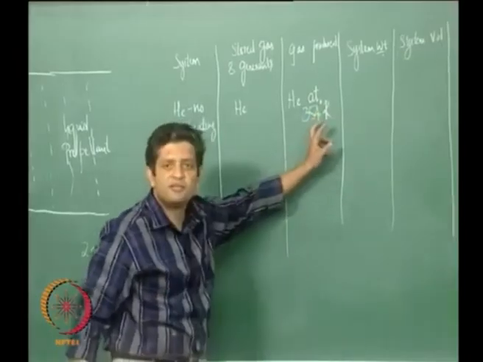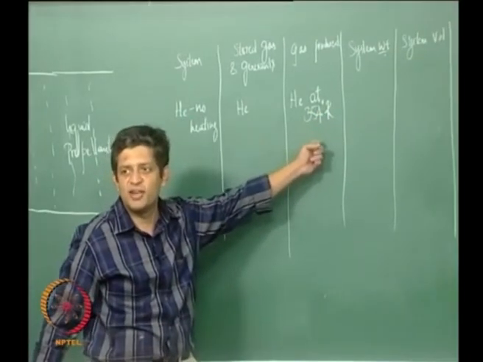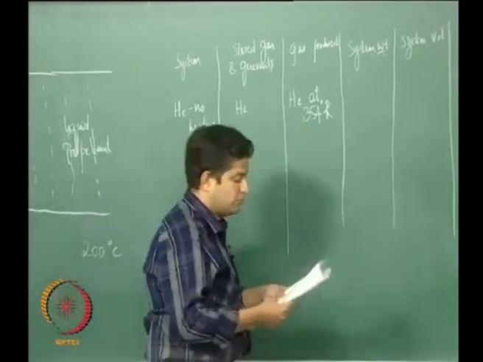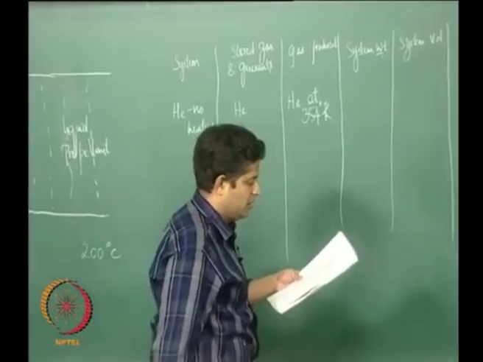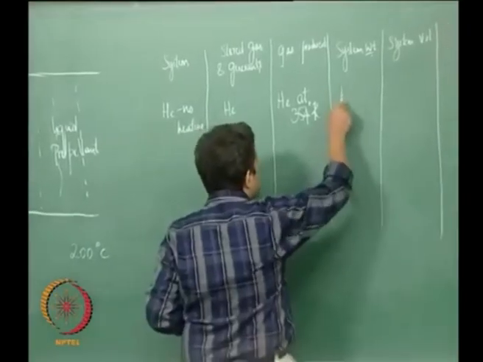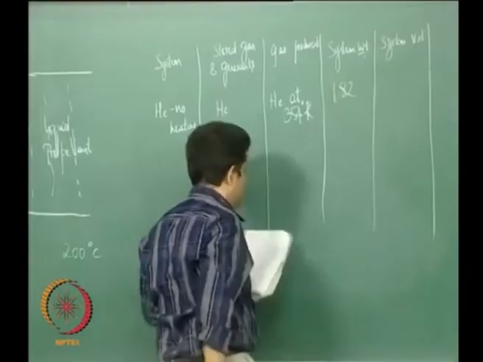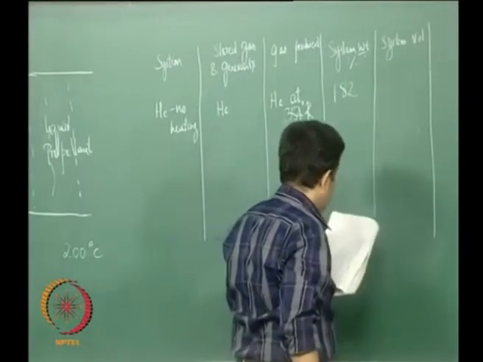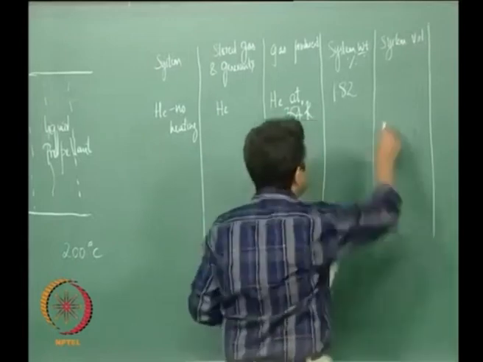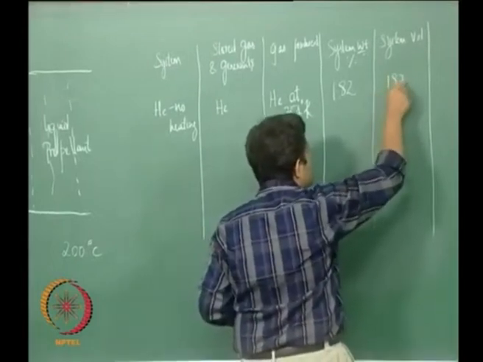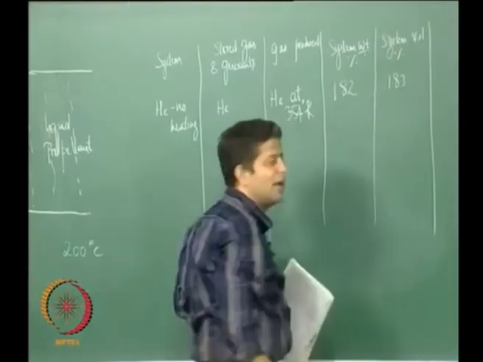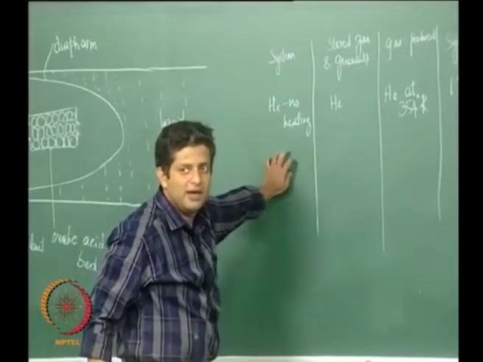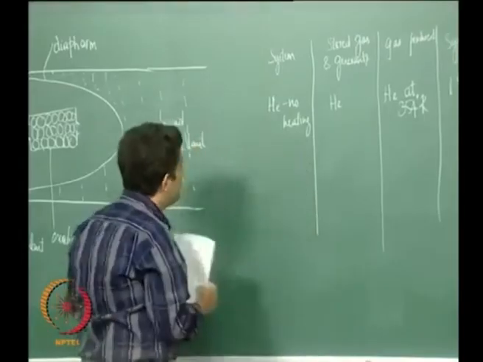There is another scale of temperature called the Rankine scale of temperature, so this is in that unit. Then the weight is 182%, then the volume is 183%.